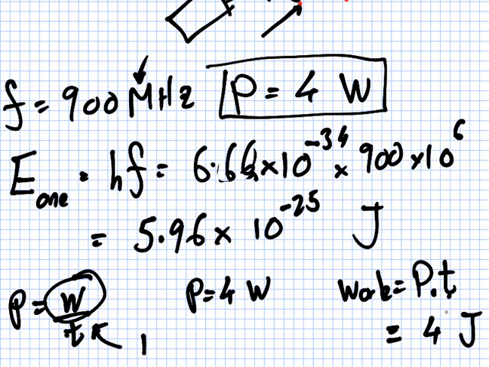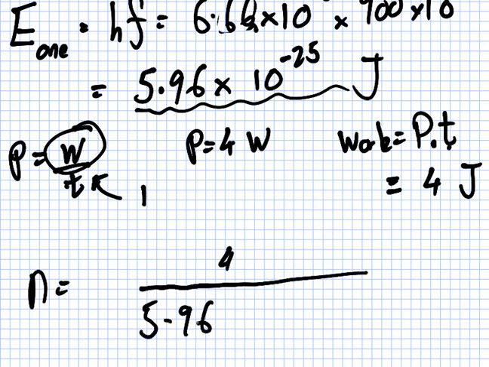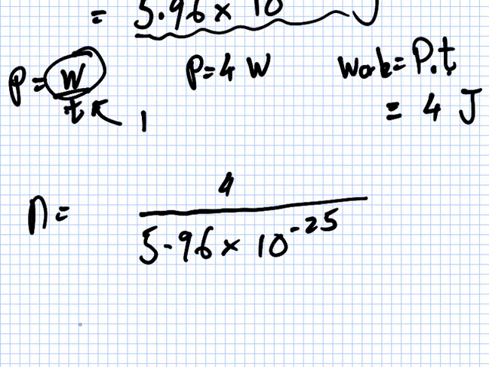So in total, how much energy is coming out of the phone? 4 joules per second. And one photon has this much energy. So if I want to know how many photons, I divide. The number of photons equals 4 divided by 5.96 times 10 to the minus 25, which will be a huge number.